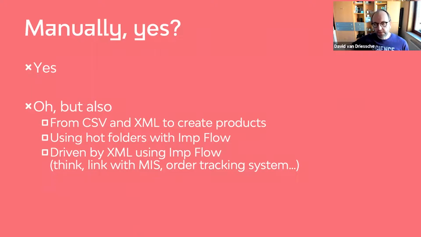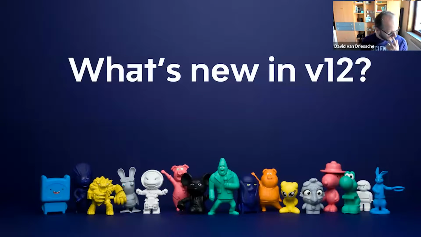And on the other end, there is an XML file coming out again with information about the impositions that were created, so you can really integrate it using XML, and all you need is one hot folder that Imp Flow watches and where you can write the XML to. So all of those things are possible. Okay, so that by way of very short introduction.